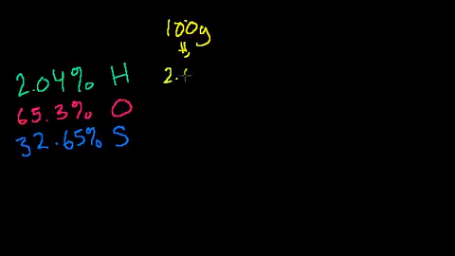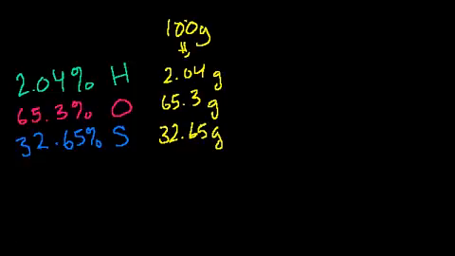So I have 2.04 grams of hydrogen, 65.3 grams of oxygen, and 32.65 grams of sulfur. Now what we need to do is figure out how many moles of hydrogen, how many moles of oxygen, and how many moles of sulfur. Then we can compare the ratios, and we should be able to know the empirical formula.